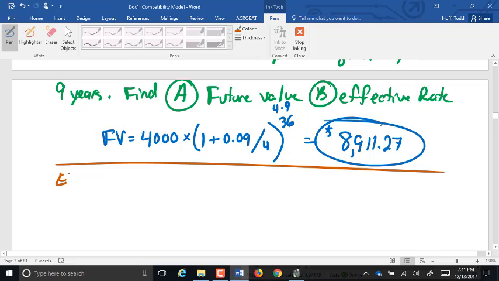Effective rate. What's our biggest rule of effective rate? If the term is less than a year, we use the actual term or actual time. If the term is more than a year, we only use 1 year. So I have to recalculate the future value for only 1 year.